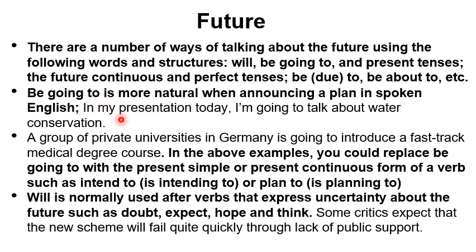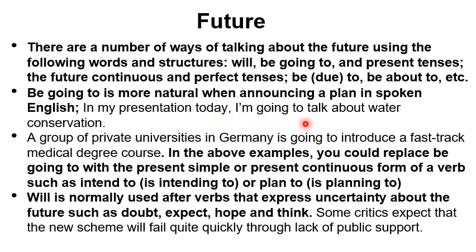For example, I'm presenting something to you. I planned everything in my presentation already, previously. So I can say, in my presentation today, I'm going to talk about water conservation.